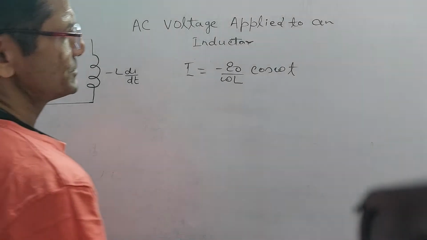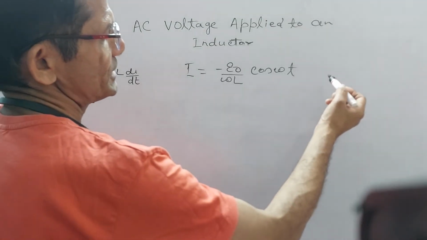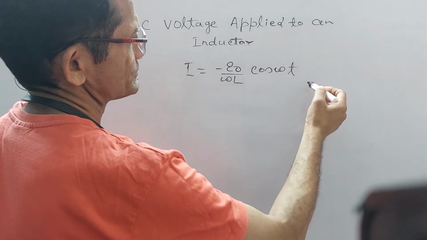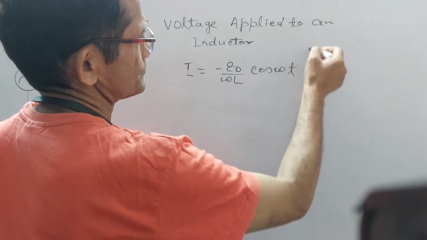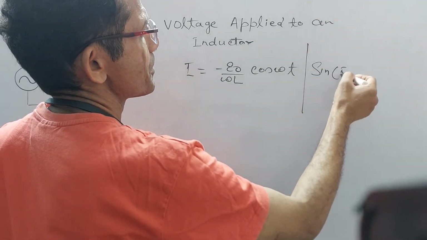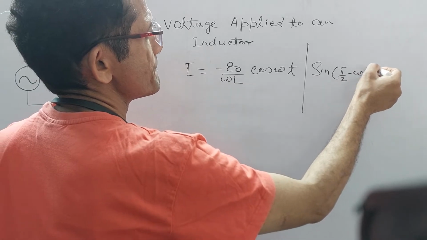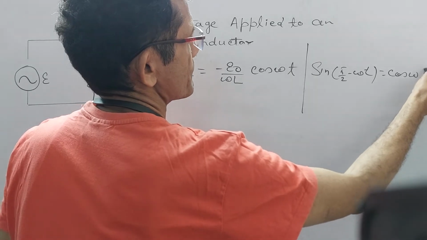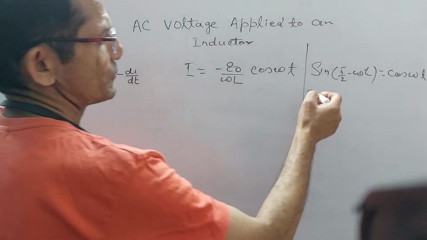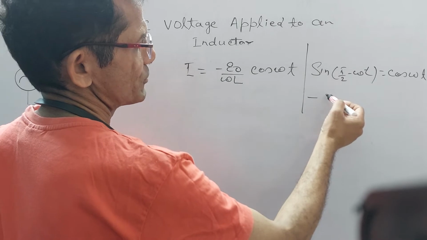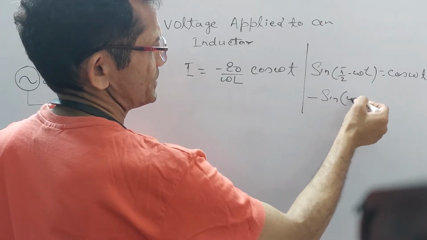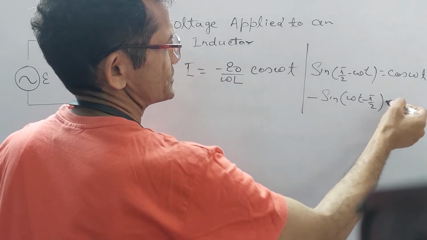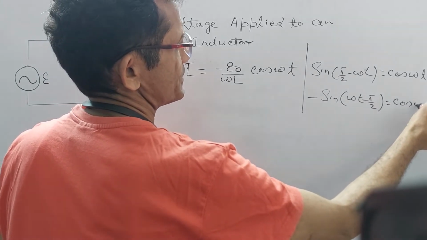Now from trigonometry we know that sin of omega t minus 90 equals minus cos omega t. So cos omega t is equal to minus sin of omega t minus pi by 2.